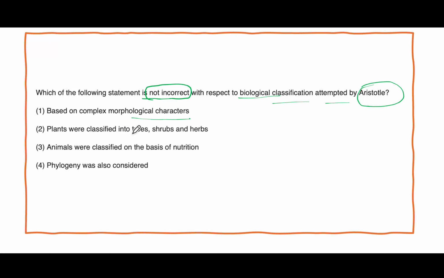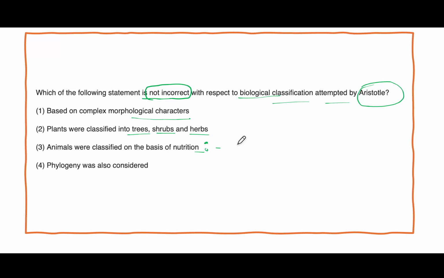Plants were classified into tree, shrub, herb. So it seems correct, yes or no? Plants were classified into tree, shrub, herbs by Aristotle. Animals were classified on the basis of nutrition, is it? No, I think, right? Animals were classified on the presence of whether they have RBC or not.